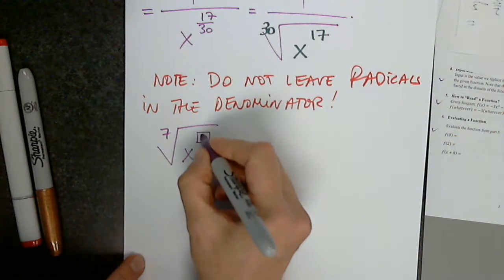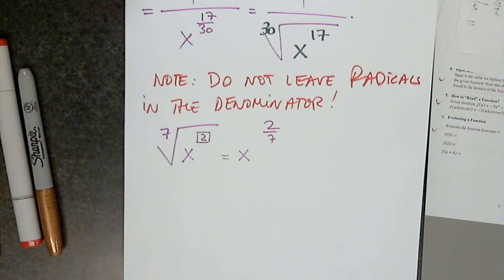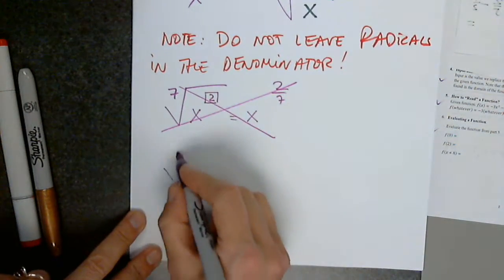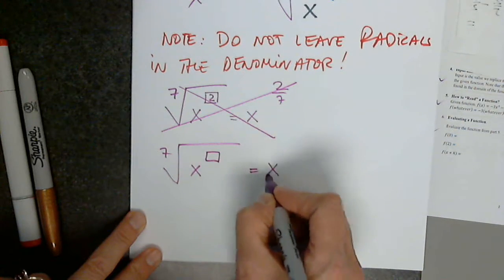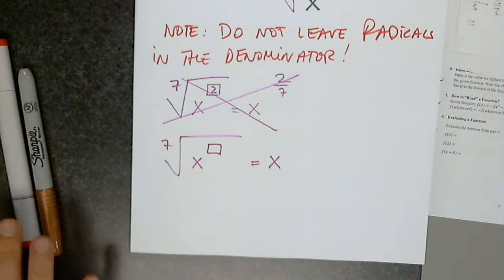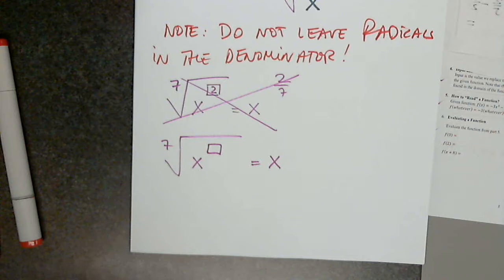Okay, if I put 2, then the answer is 2 over 7. So that's not what I want. Let's try again. What should the square contain? And there is only one number that will make this happen. Of course.